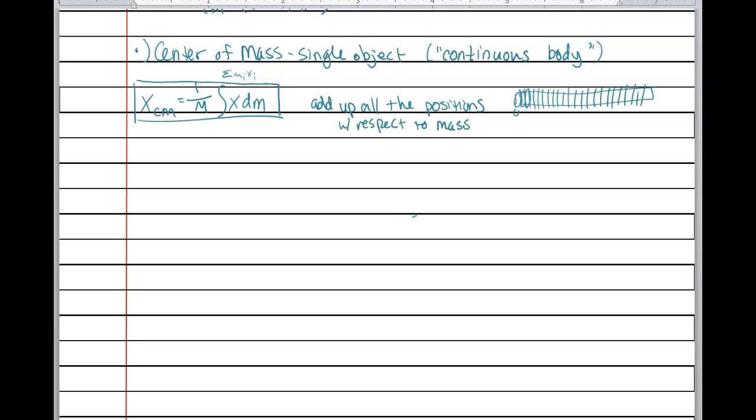The first example we're going to do is uniform and then non-uniform. Now this is the only shape you need to know how to do. So uniform means it has the same density throughout.